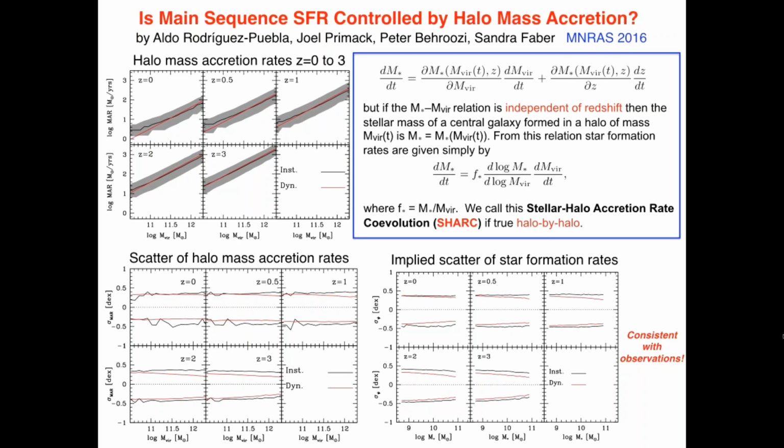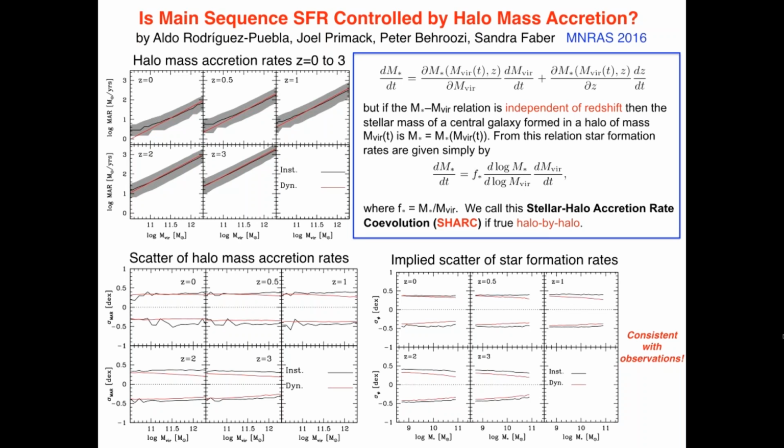Now, the first thing we checked to see if that might be the case is what the dispersion is in the halo mass accretion rates. That's shown in the lower left corner. And what you see is that it's hardly changed as you change redshift or the virial mass. It's always about 0.3 or 0.4 dex. In other words, quite comparable to the dispersion around the main sequence of star formation.